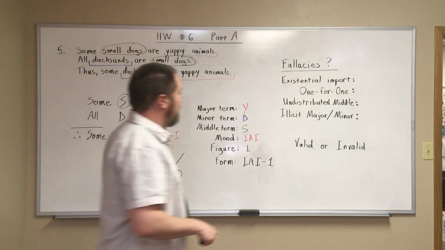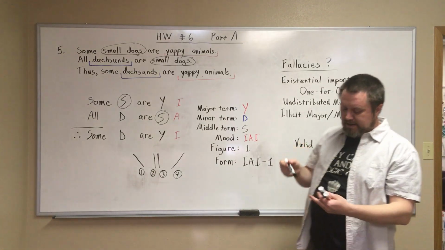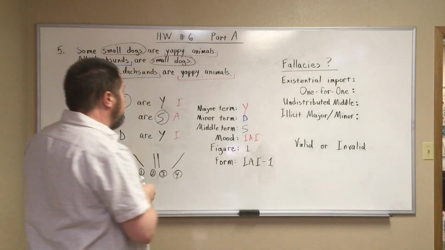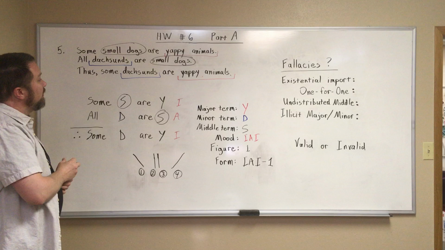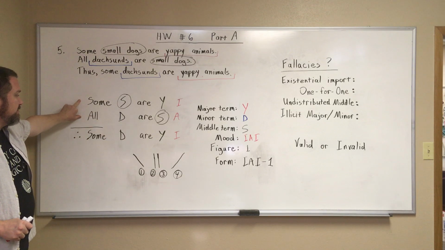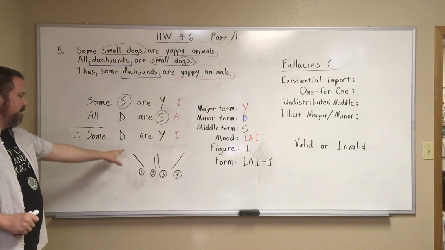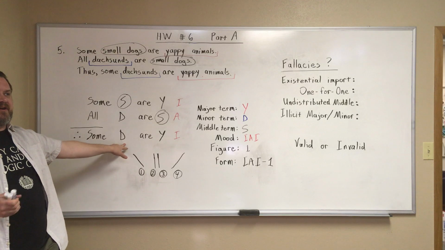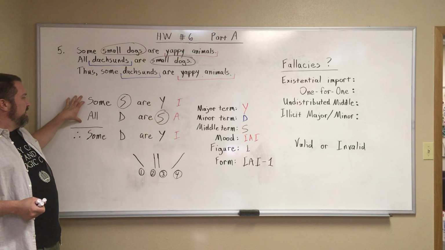But first we're going to be looking for existential import. And remember, existential import is if you have two universal premises and a particular conclusion. In your conclusion, you're saying that something exists when, if you have both all are or no are, those are both universal statements.